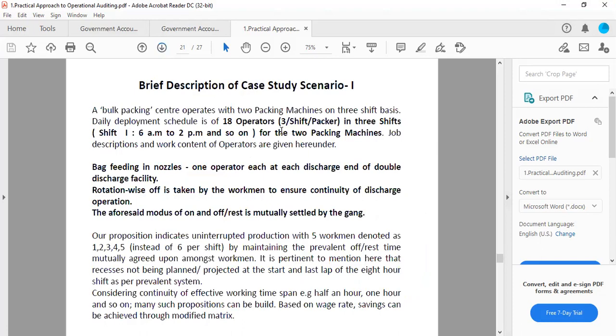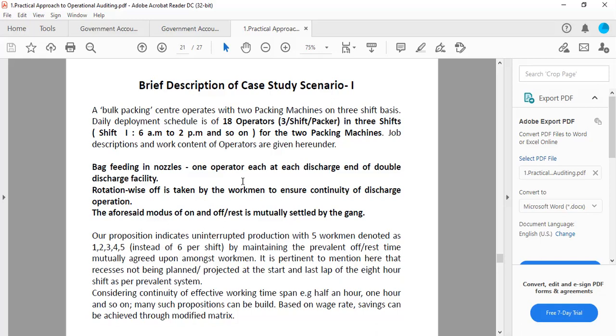Also, this is the brief description of case study scenario one, which is all about the bagging operations. The problem here was a study on how to minimize costs involved in the shifting of the different employees, the operators, 18 of them, in charge of the operations of the machineries.